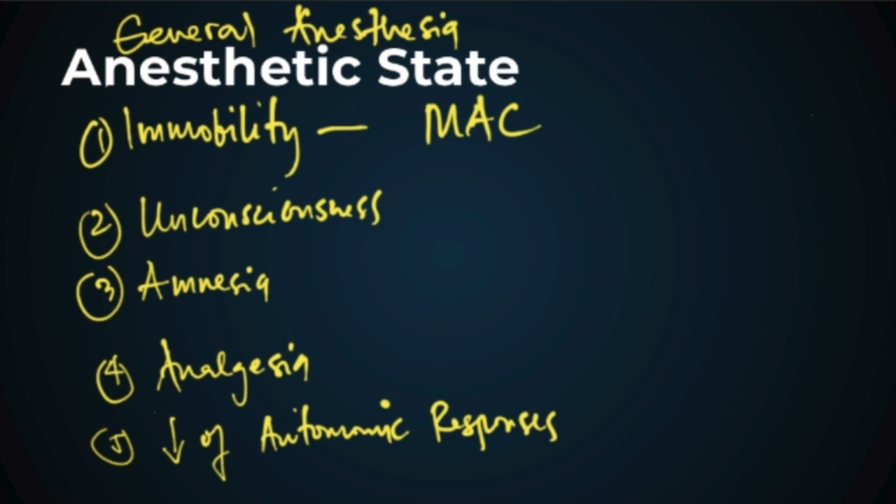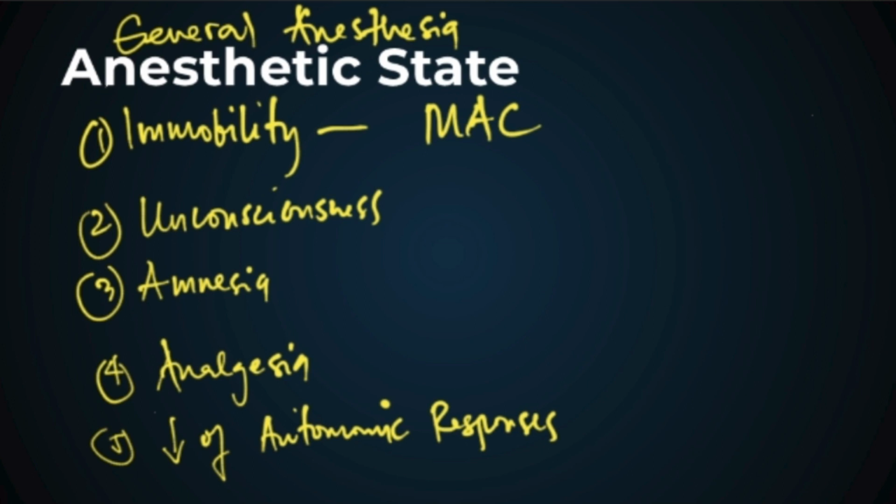Third, we have amnesia, which is actually, if you remember, the first stage in the anesthetic state. Amnesia is due to altered neurotransmission in the prefrontal and frontal cortices, in the hippocampus and the amygdala, and also in regions of the sensory and motor cortices.